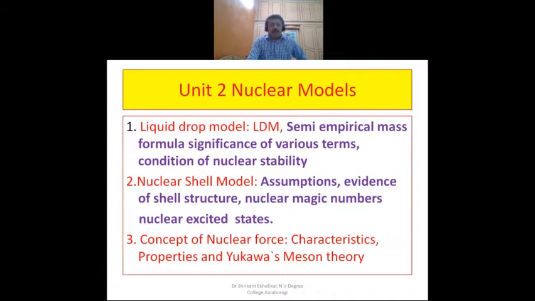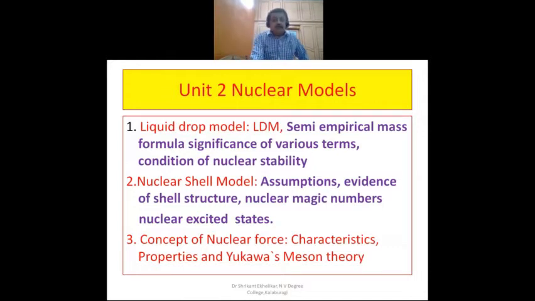In the liquid drop model, we will see the details about the analogy between a drop of liquid and a nucleus. We will also discuss the semi-empirical mass formula and the significance of different contributions to binding energy. Thereby, we will discuss the stability of the nucleus.